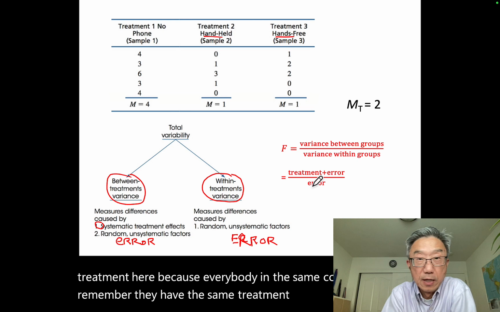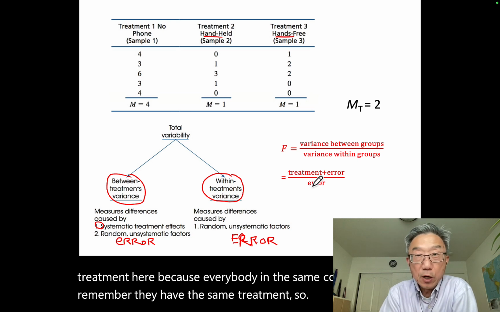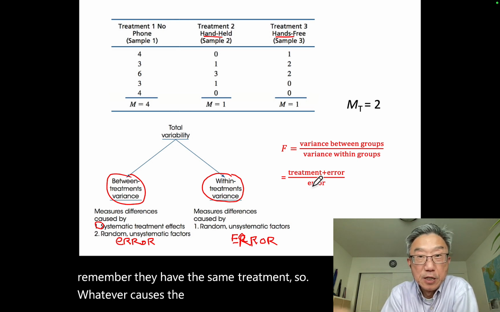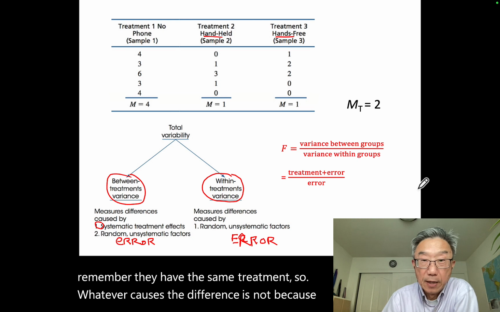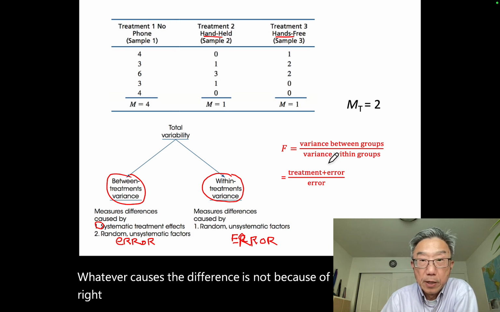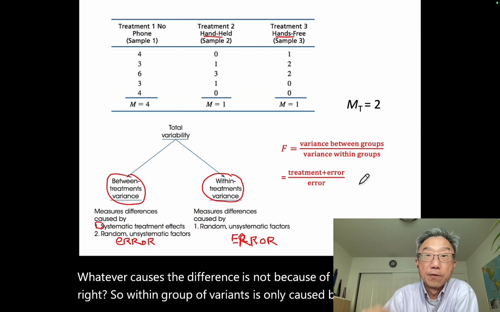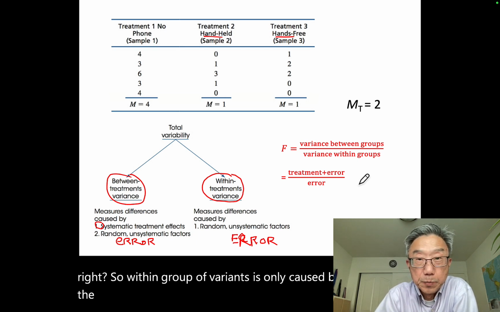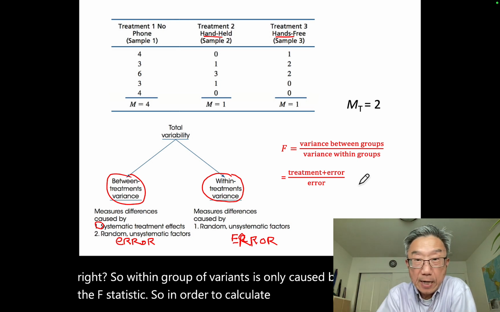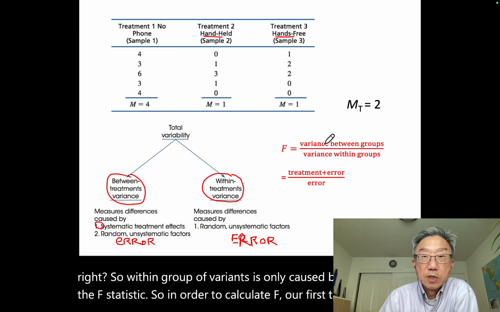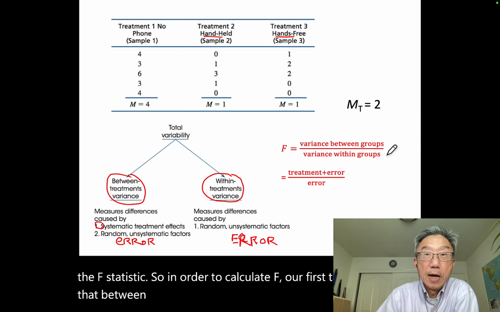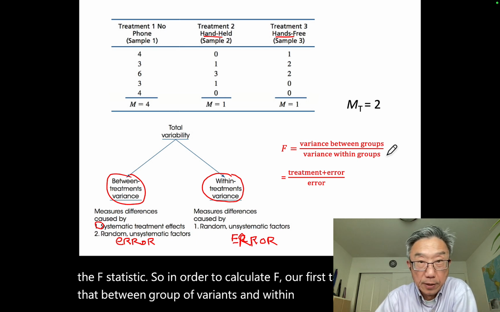So whatever causes the difference, it's not because of the treatment. The within group variance is only caused by error. So that's the F statistic. In order to calculate F, our first task is to estimate the between group variance and within group variance.